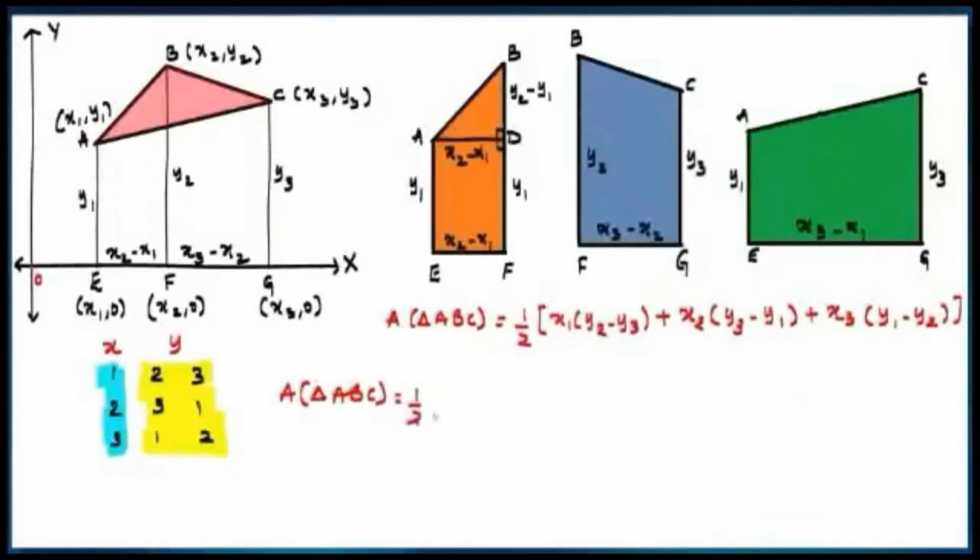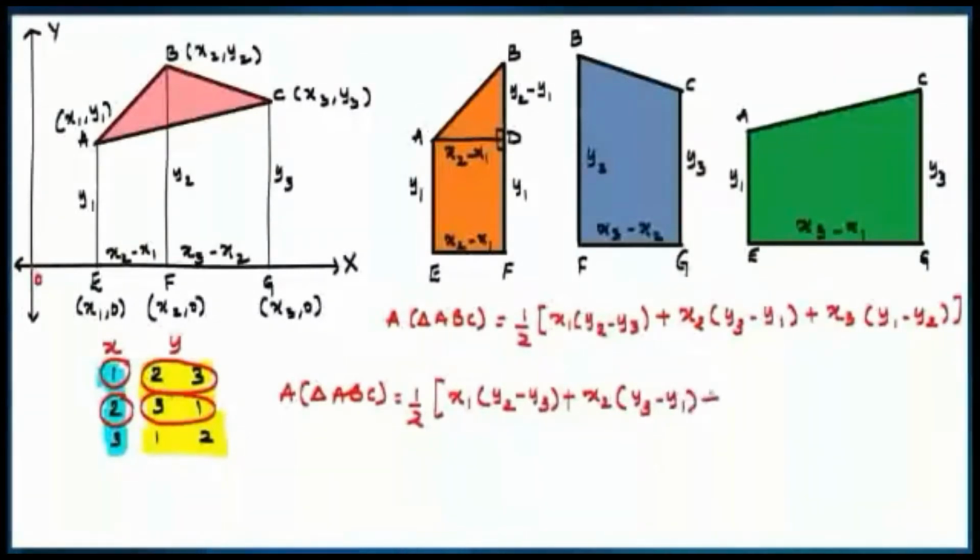So the area of a triangle is equal to 1 by 2, as it is, into the first column 1, that is x1, into the next two numbers 2 and 3, so y2 minus y3. Then look at the second number 2, that is x2, then 3 and 1, so into y3 minus y1.